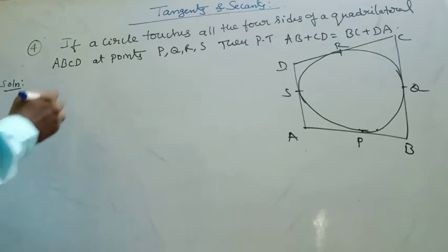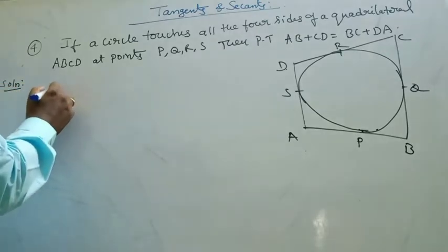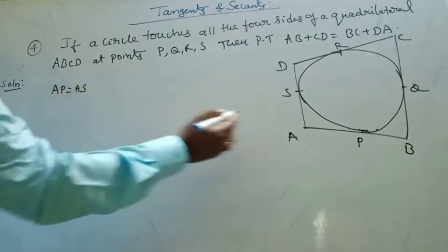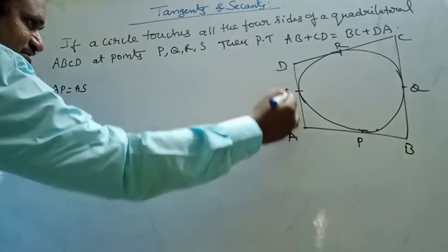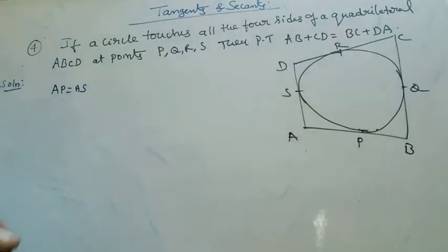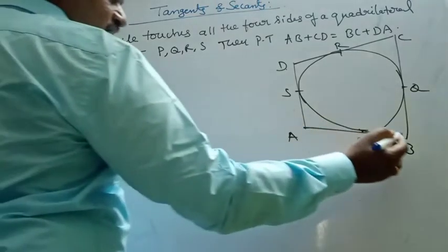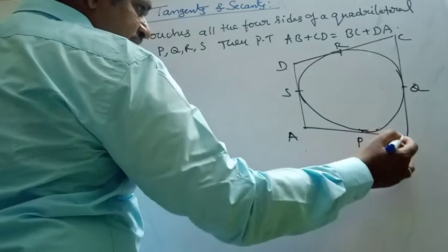Now you see, my dear students, I can say that from this diagram AP is equal to AS, because from an external point, if you draw 2 tangents, their lengths are equal, right? Next, BP is equal to BQ, the same concept. From external point B, if you draw 2 tangents, their lengths are equal.